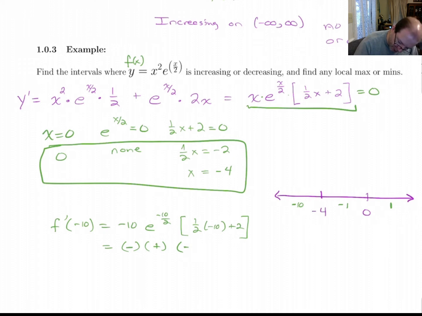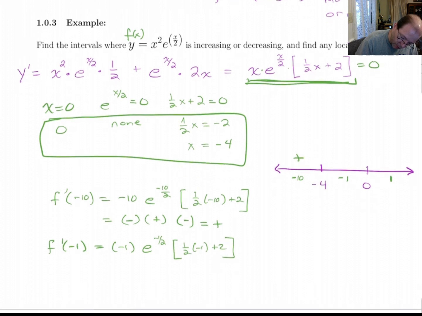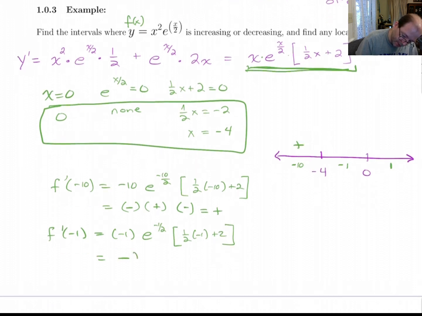It's not -1, but it is negative. So altogether, that makes this positive. F prime of -1, when I plug that into here, I get -1 times e to the -1/2 times 1/2 times -1 plus 2. So I've got a negative, e to the -1/2 is positive, and then this is 2 minus 1/2, which is positive. So you multiply this out, you get something that is negative.